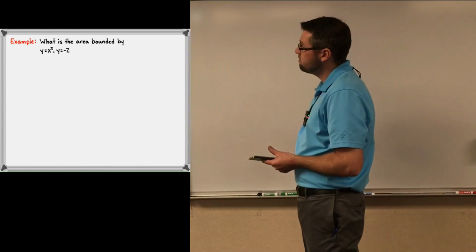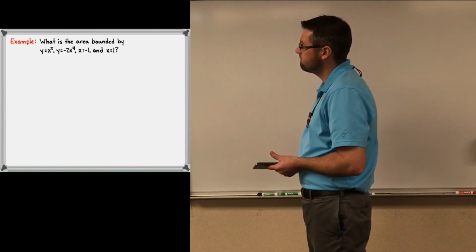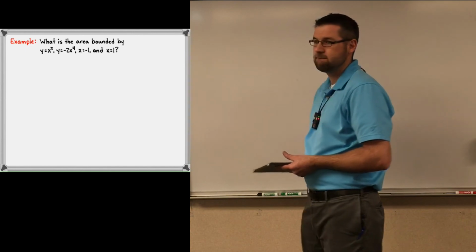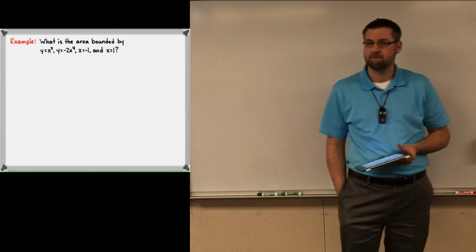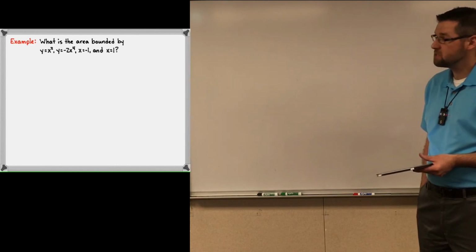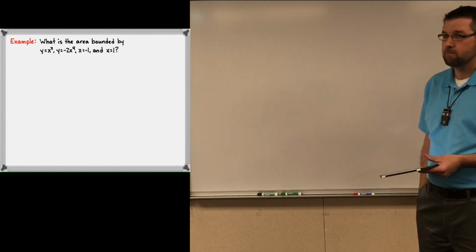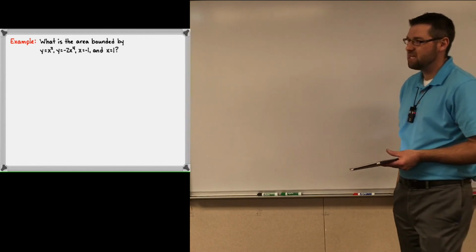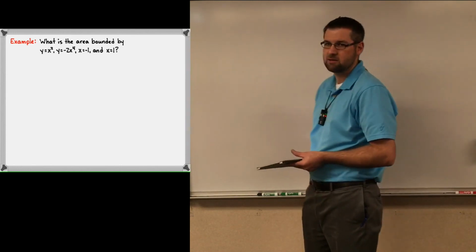What is the area bounded by that? What's that going to look like? You got a parabola. What's negative 2x to the fourth look like?